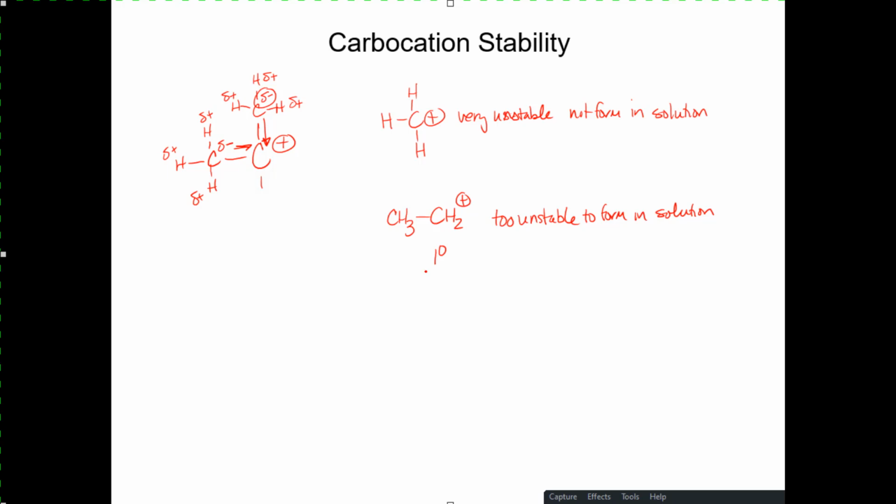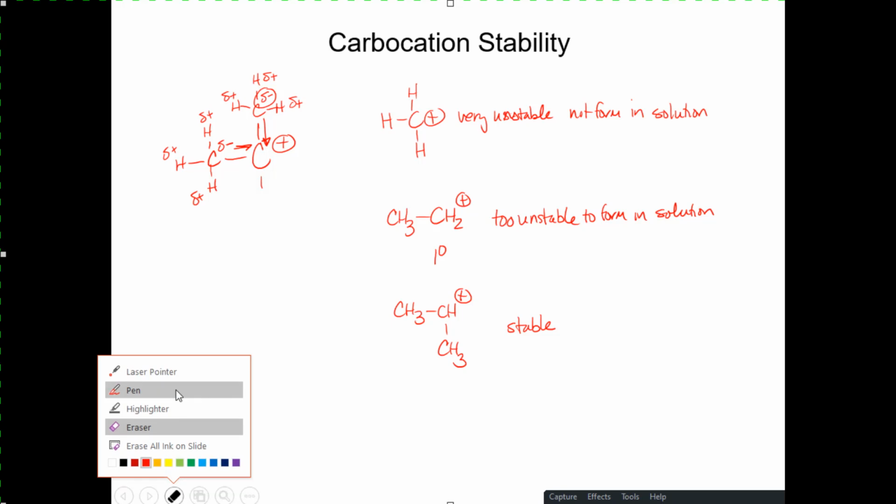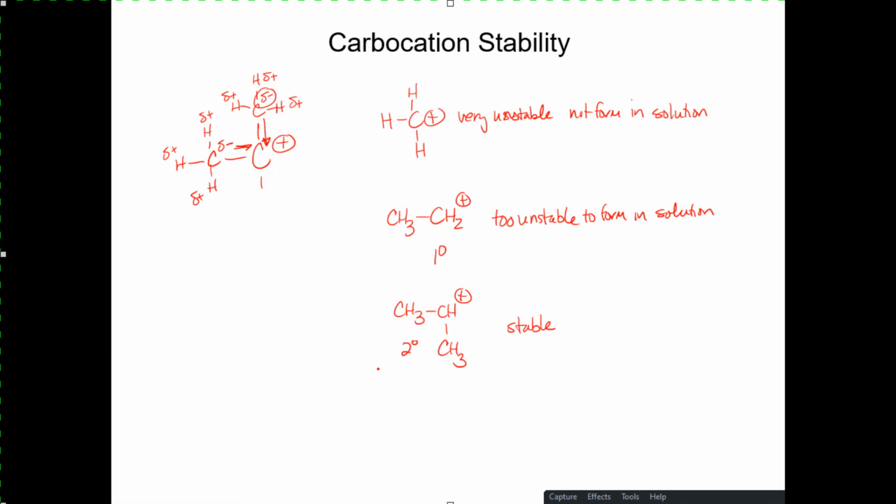And so if you have a secondary carbocation, a secondary carbocation will be stable. How about a tertiary carbocation? Well, a tertiary carbocation would be the most stable carbocation because now it's got 3 alkyl groups pushing electron density.